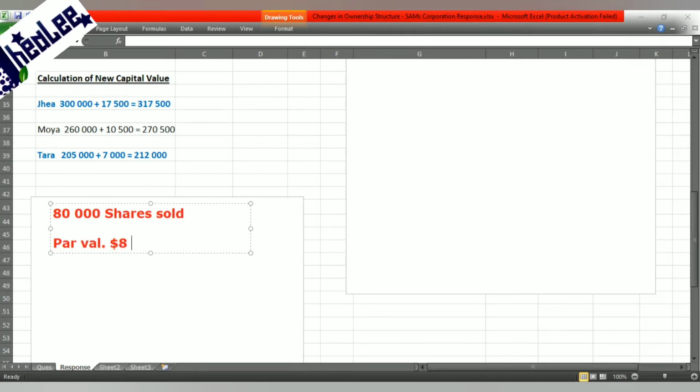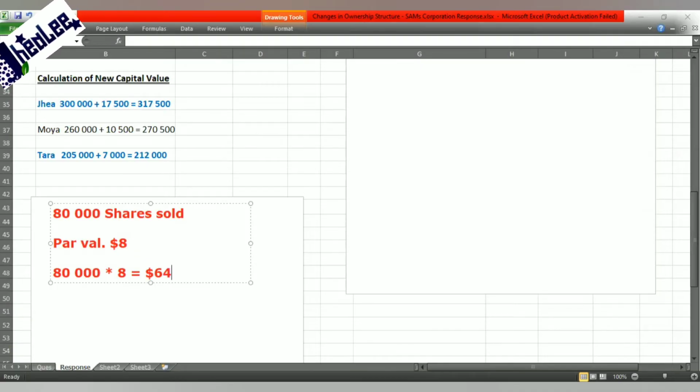So in calculating 80,000 times the par value of 8 would give us a share capital that is raised of 640,000.